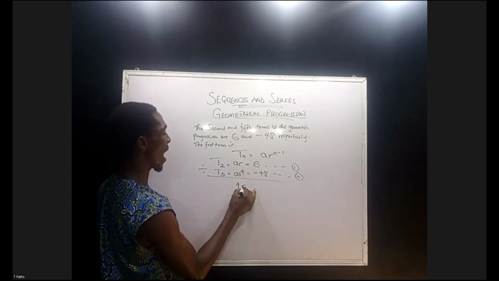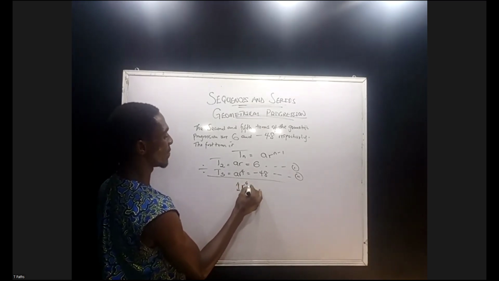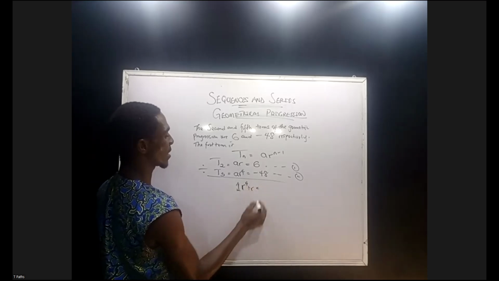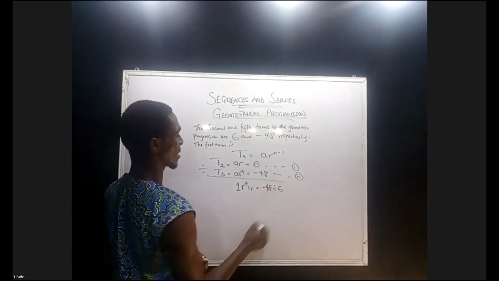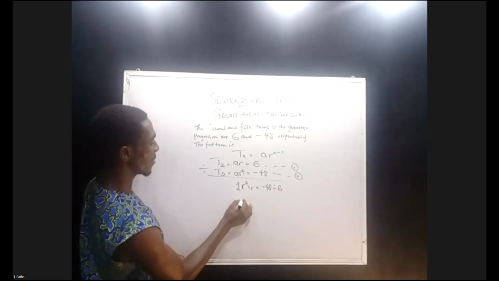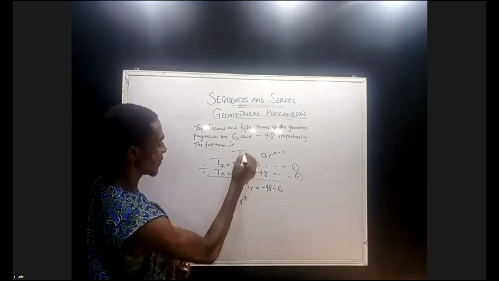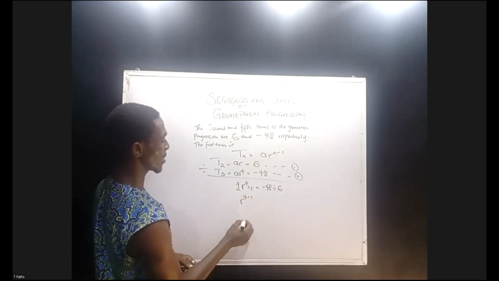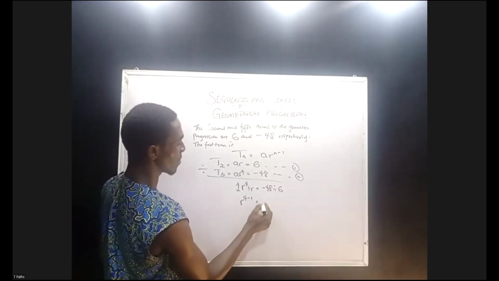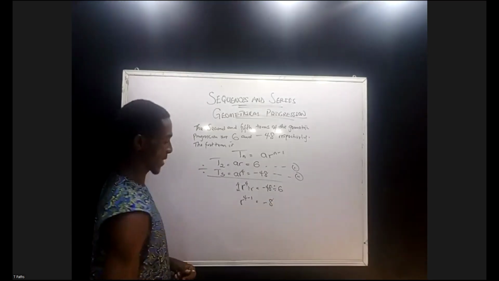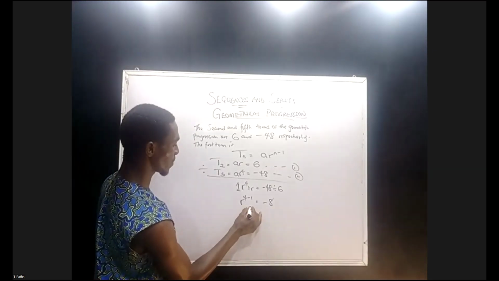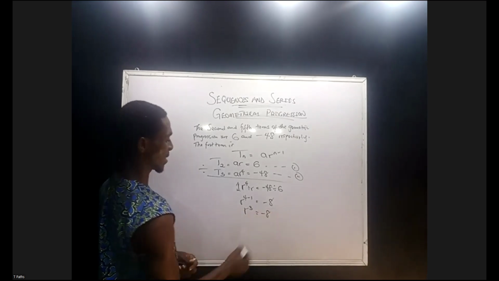Then we have R^4 divided by R^1 equals minus 48 divided by 6. So here we end up having R^4, our division changes to a minus, R^(4-1) equals minus 48 divided by 6, which gives us minus 8. So here I have R^3 equals minus 8.